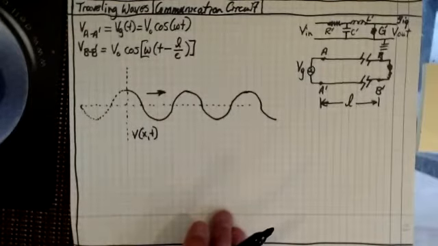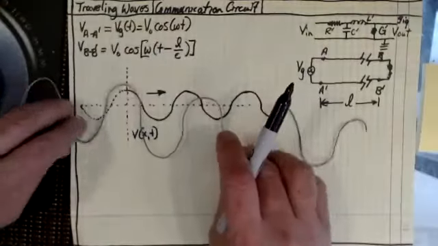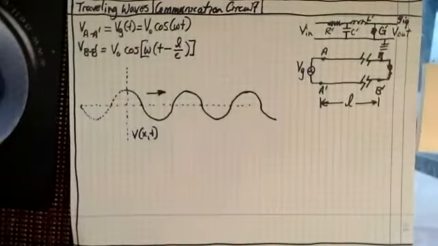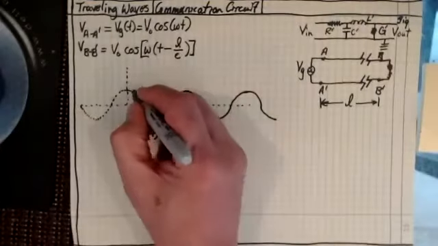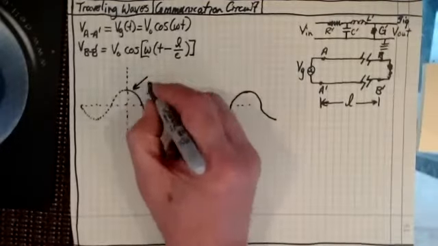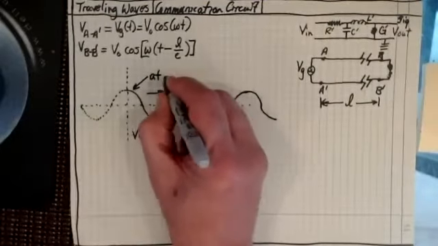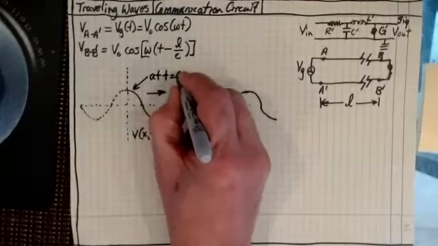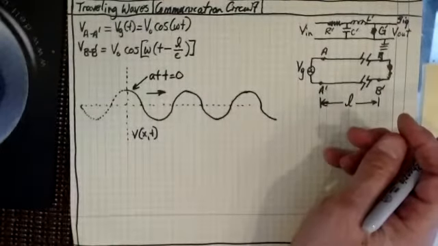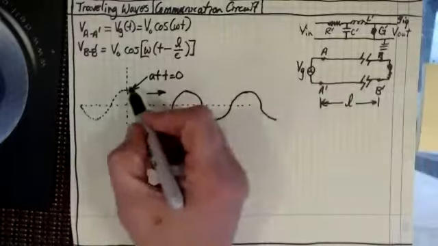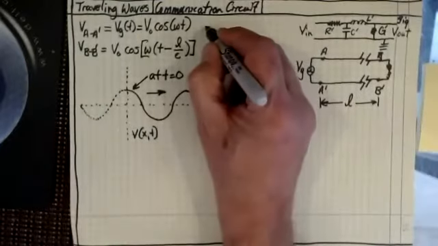Now, remember, that's why I want to bring this out, we've got the wave here. This is what I'm going to say. The wave where it is now in black is at t equals 0, right? At t equals 0. And that's a special case. So let's look at that.